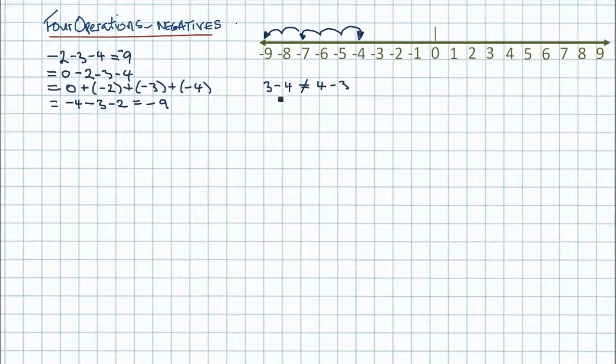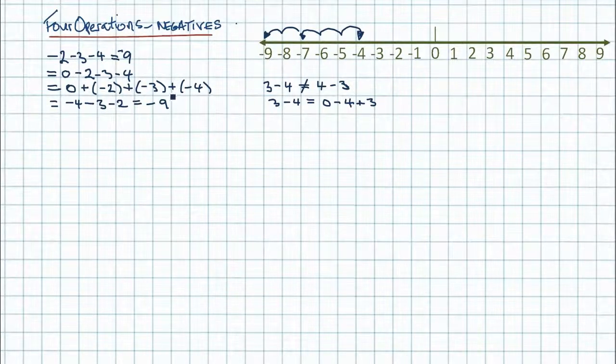Because what we've done there is the -4 has become -3. We were subtracting 4, we need to continue to subtract 4 here. And so what we're actually saying is that 3 subtract 4 equals 0 subtract 4 plus 3. And that's the rearrangement that we did here.